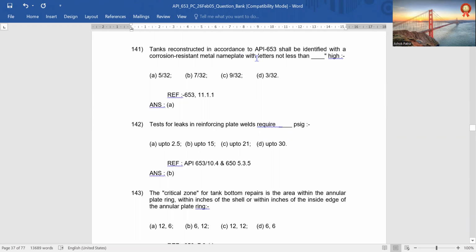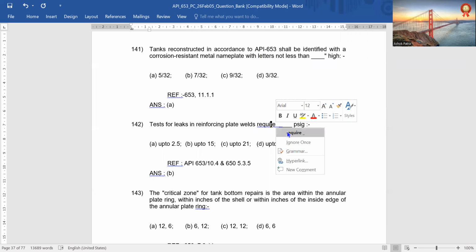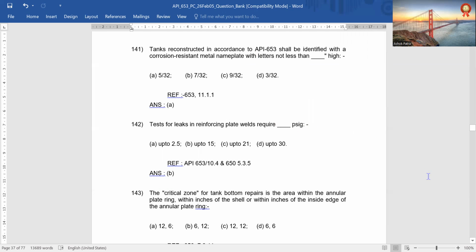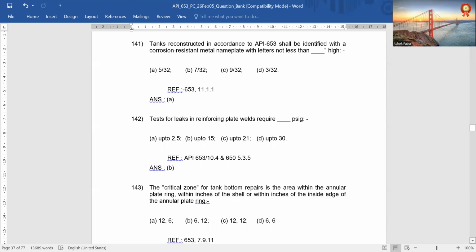Tank reconstruction in accordance with API 650 shall be identified with a corrosion resistant material nameplate with letters not less than 5/32 high. Test for leaks in reinforcing plate welds requires 15 psig. Already we had seen.